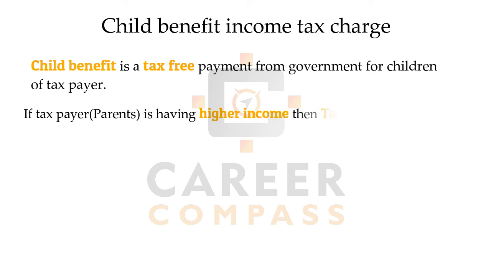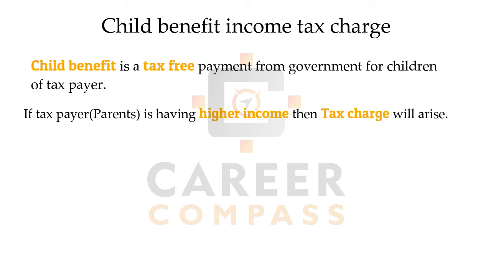But if the parents are poor, then the government will not charge anything. So how will we decide whether the parents are rich or poor? The single thing that decides this is that if the mother or father, any of the parties, has an ANI of more than 50,000, then a tax charge can come into the picture.